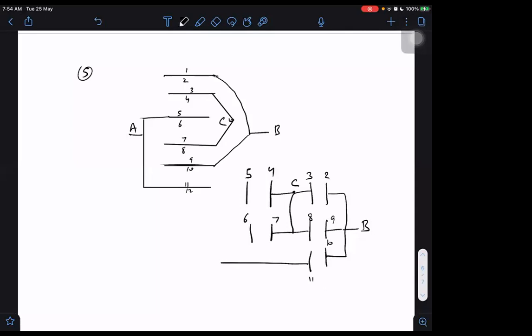Together 5 and 6 are connected to each other, and they are also connected to A. See what kind of network we are getting now.